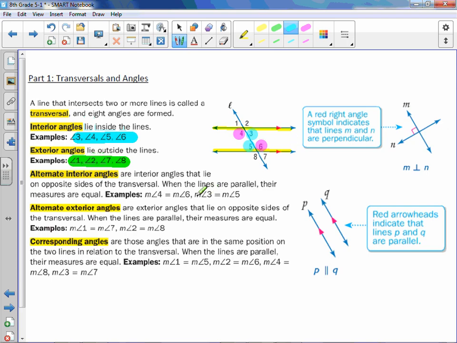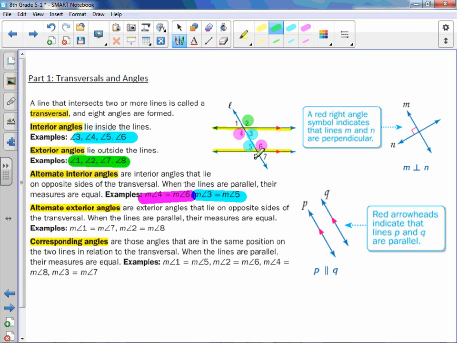And it's important to know that the alternate interior angles are equal to each other. They're the same measure.